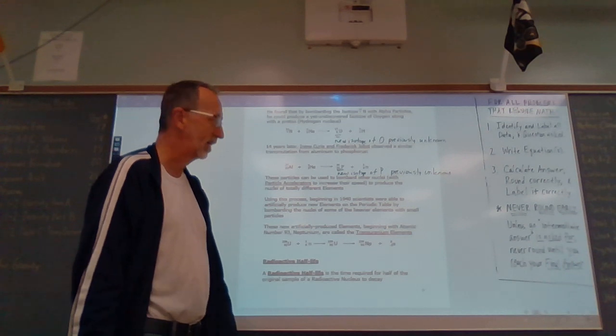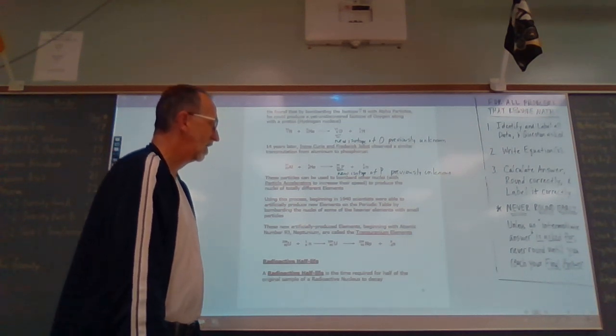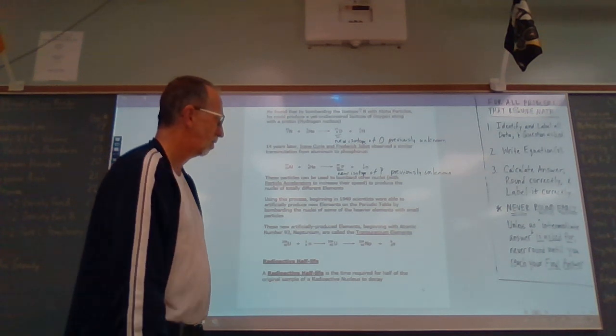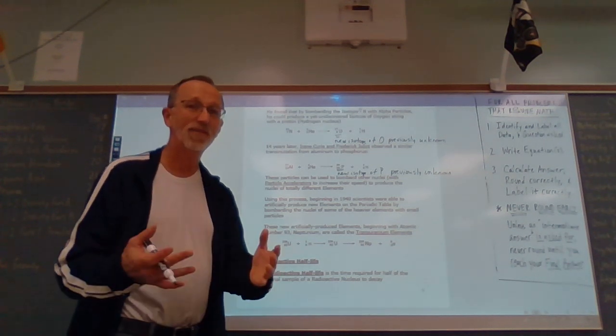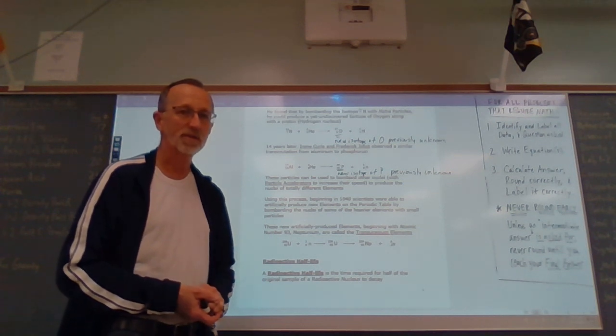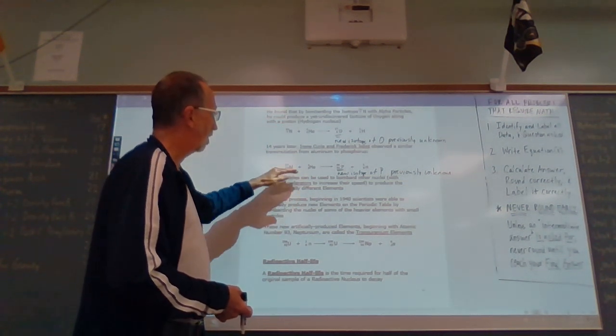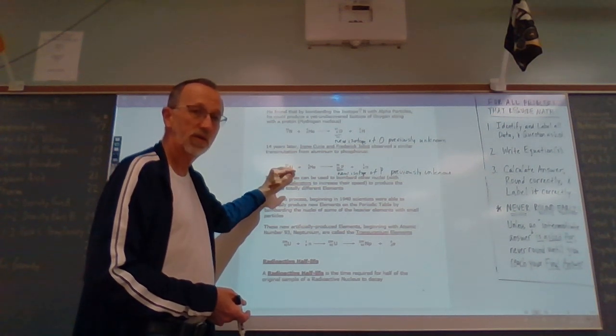Using this process, beginning in 1940, scientists were able to artificially produce new elements on the periodic table by bombarding the nuclei of some of the heavier elements with small particles. So you see, Rutherford started small. The Curies went to even larger elements.